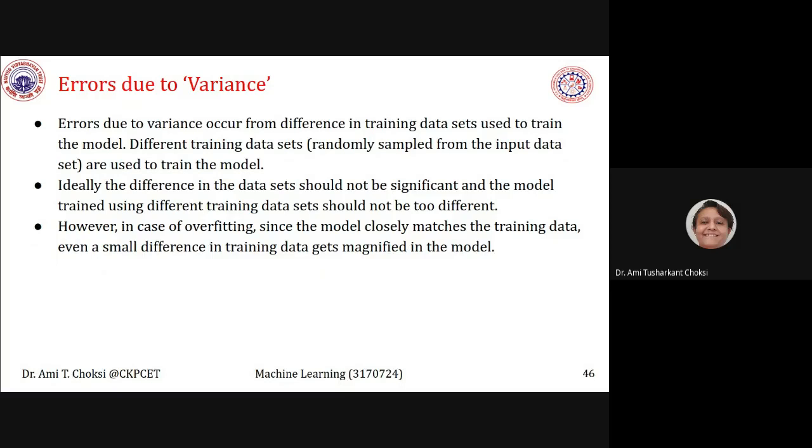Ideally, the difference in the data sets should not be significant, and the model trained using different training data sets should not be too different. However, in case of overfitting, since the model closely matches the training data, even a small difference in training data gets magnified in the model.